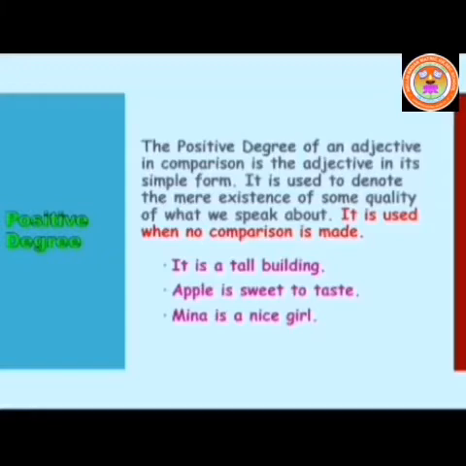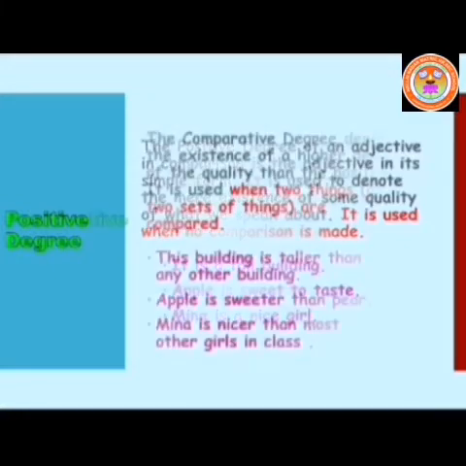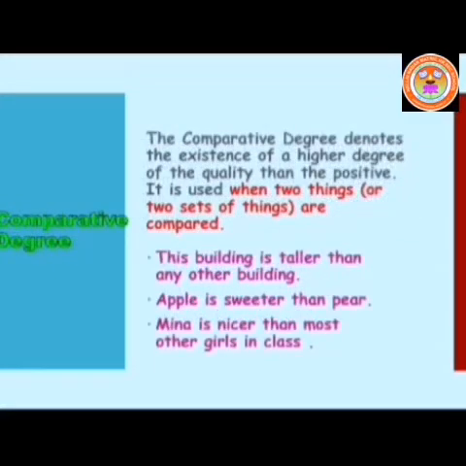Okay, children. Let me go to the second one, comparative degree. The comparative degree denotes the existence of a higher degree of the quality than the positive. So here, than the positive, it is going to the next level. A slightly higher degree of the quality than the positive, and it is used when two things or two sets of things are compared.